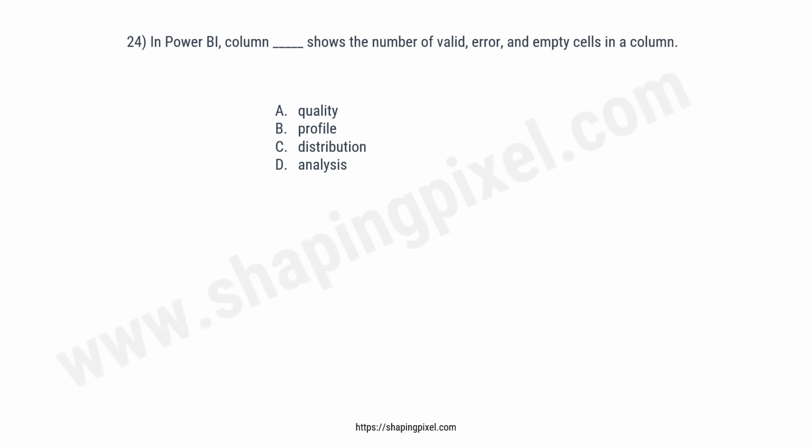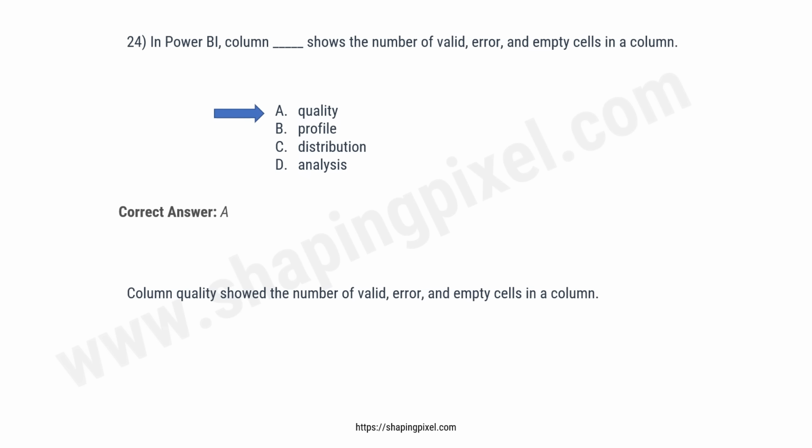In Power BI, column dash shows the number of valid, error, and empty cells in a column. And we have four options: quality, profile, distribution, analysis. So the right answer here is option A, quality. Column quality shows the number of valid, error, and empty cells in a column.